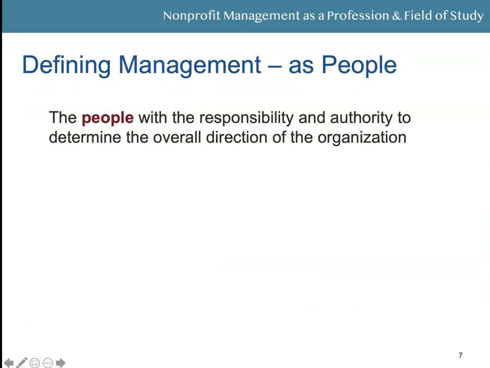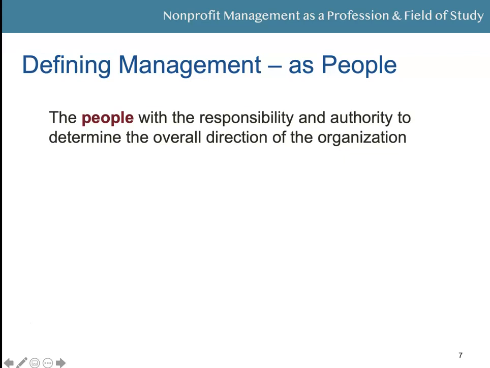So before we can really talk about nonprofit management and what makes it different and why it's distinct as a profession, we should just take a step back and define management. If you have taken a management course at DCC or elsewhere, you've probably learned that management can be defined as people as well as a process.